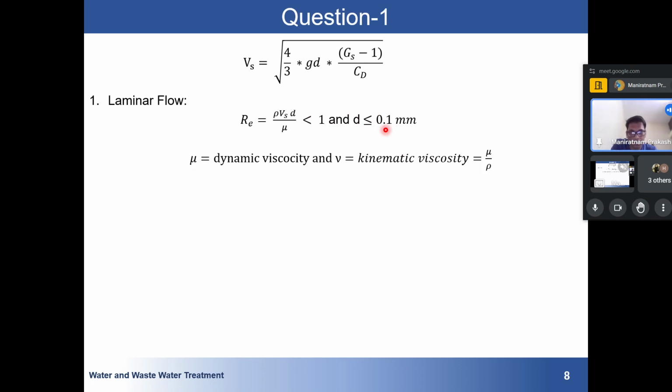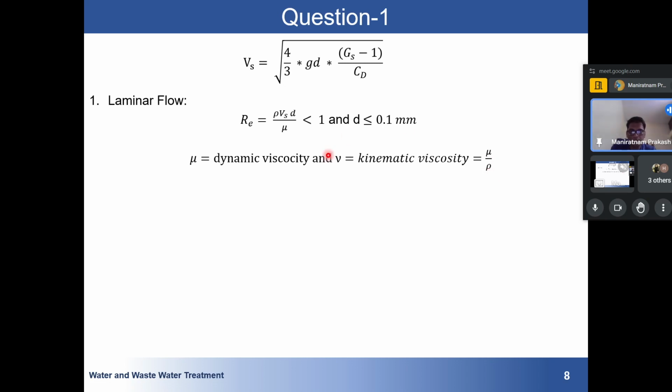There are two ways to represent this Reynolds number, with dynamic viscosity and with kinematic viscosity. The relationship between mu and v is v is equal to mu by the density of that particle.